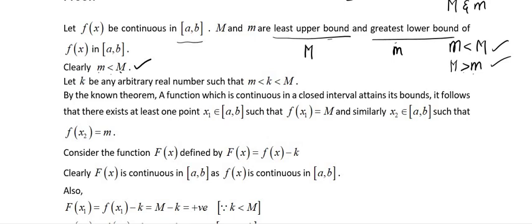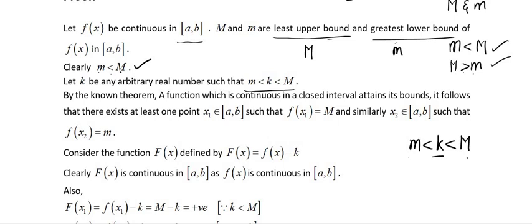Now we are choosing a value k. This k is also a real number. Here m and capital M are also real numbers. A and b are also real numbers. In between small m and capital M, so we can write m less than k less than capital M. K is any real number between infimum and supremum.